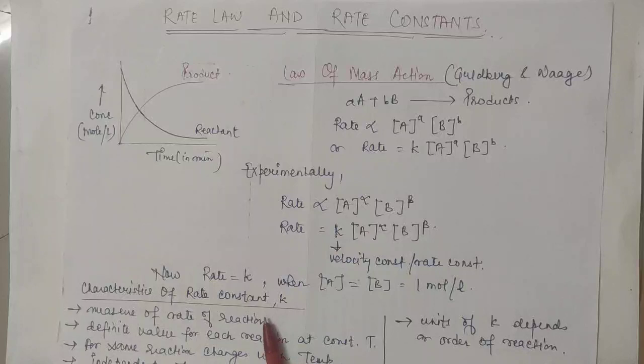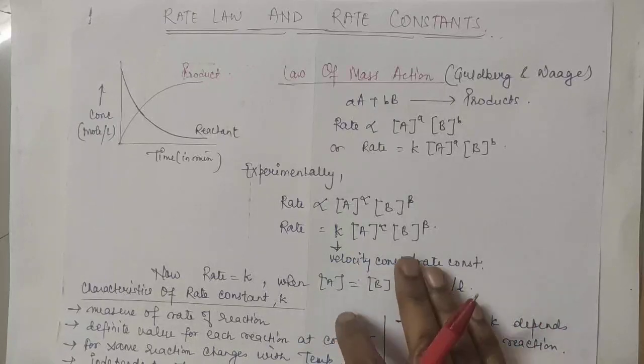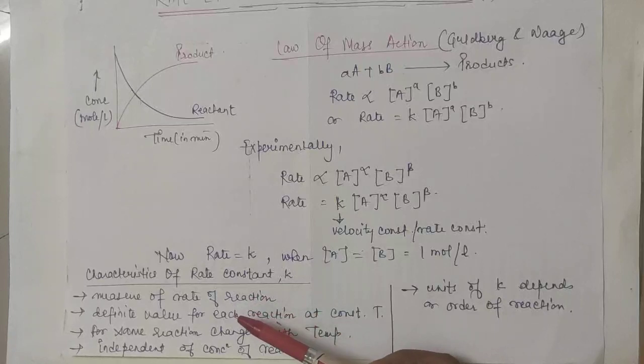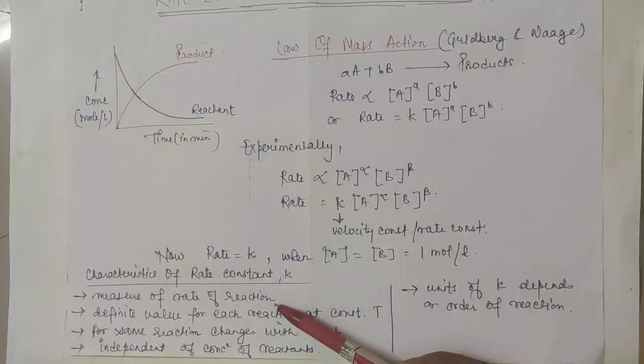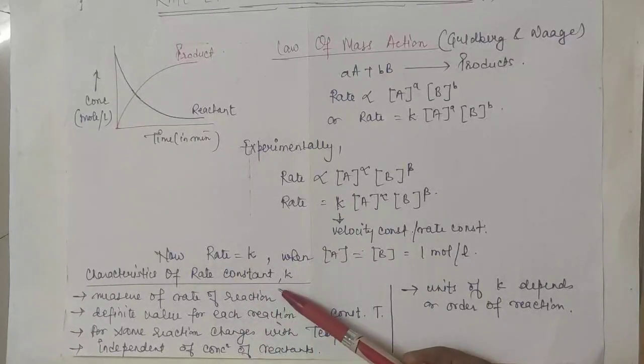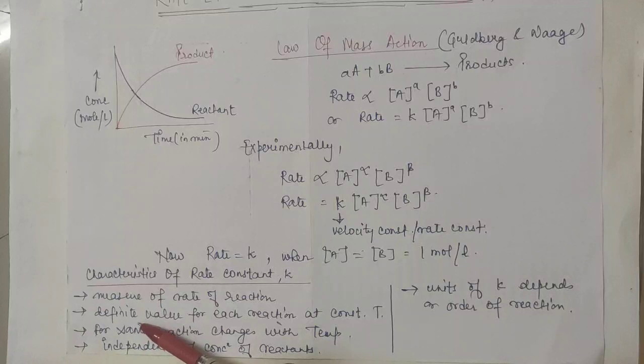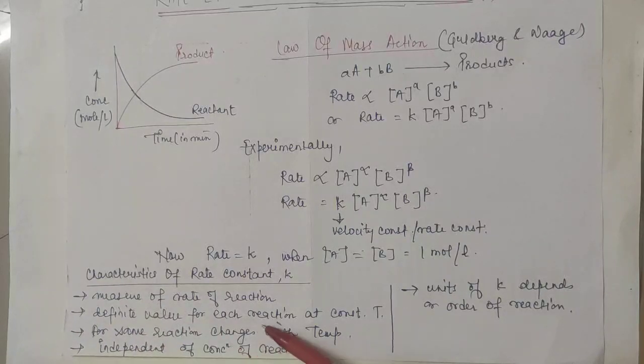Now let us see what the characteristics of rate constant K are. Rate constant is a measure of the rate of reaction. The greater the value of K, the faster the reaction. Second, K has a definite value for each reaction at a particular temperature.